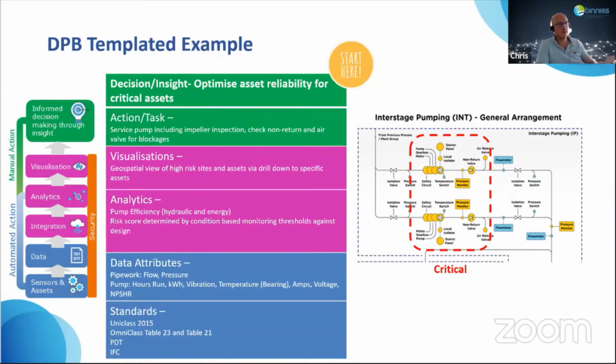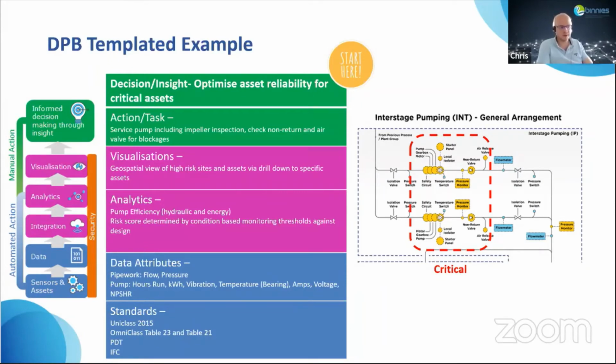So what we're doing is taking that same digital process block. We are identifying which assets are critical, because what we have realized through our digital twin journey is just because you have the technology doesn't mean you need to apply it on every asset.